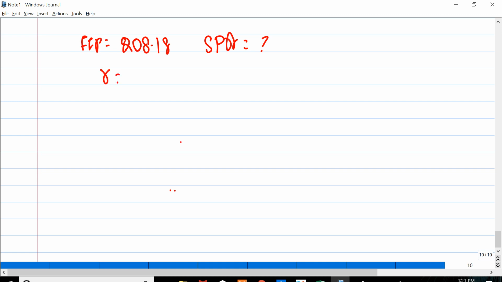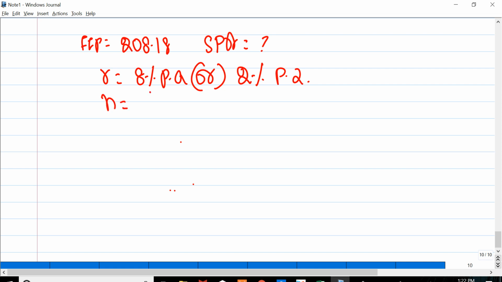R is how much? 8% per annum, or 2% per quarter. N is 6 months, or 2 quarters. I don't want it in terms of months.